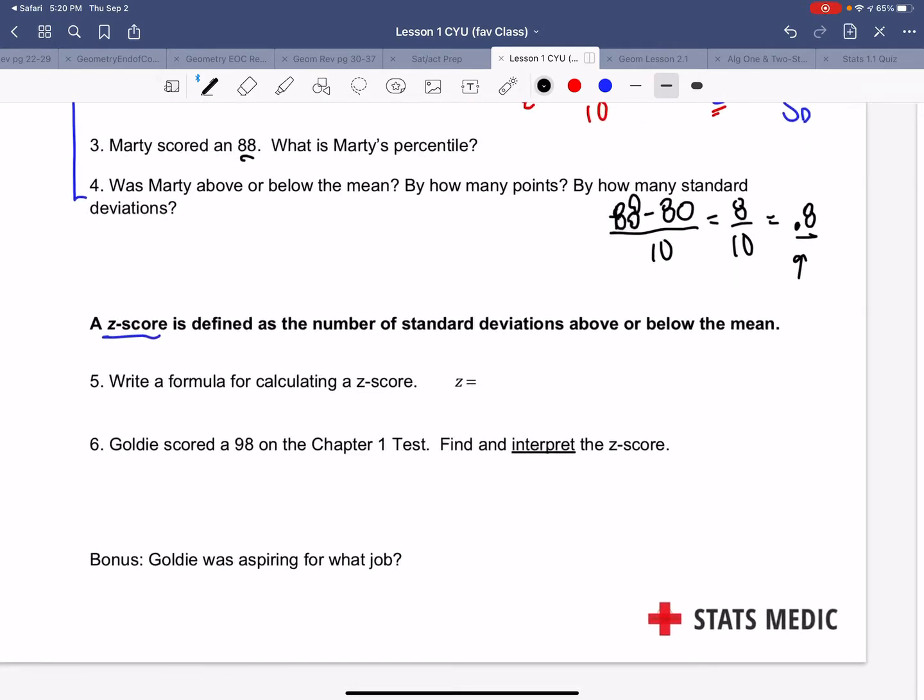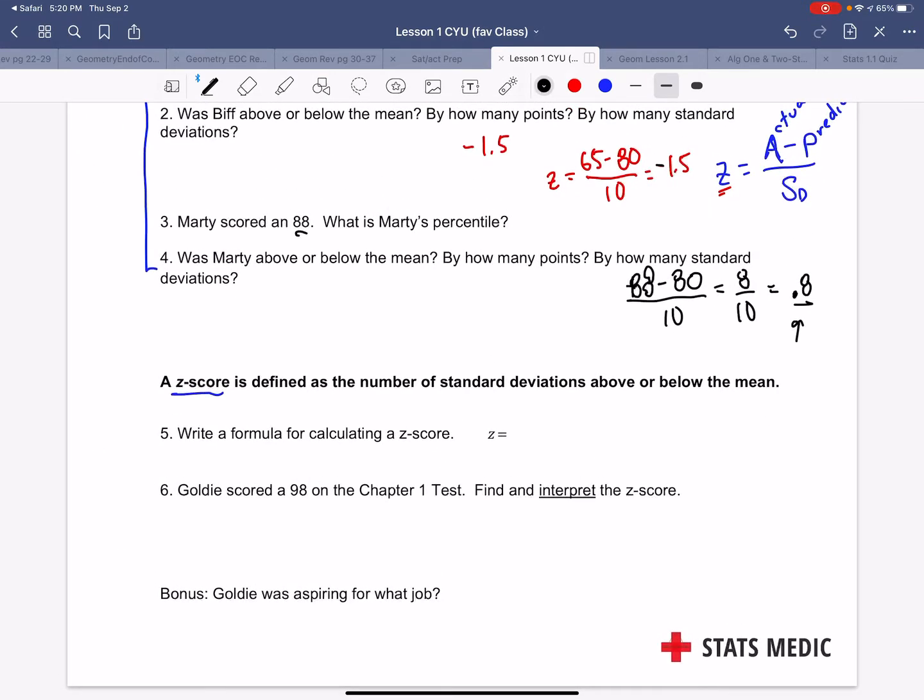Now digging a little deeper into our z-scores, right? I hope you try to attempt it. And again, we say this is actual. The actual value we're talking about, Biff or Marty or whomever, minus the predicted value over the standard deviation. This could also look like whatever actual value you're given minus your mean over the standard deviation.